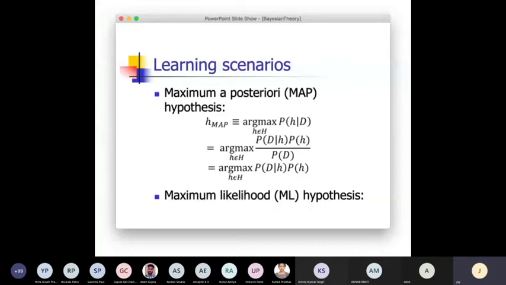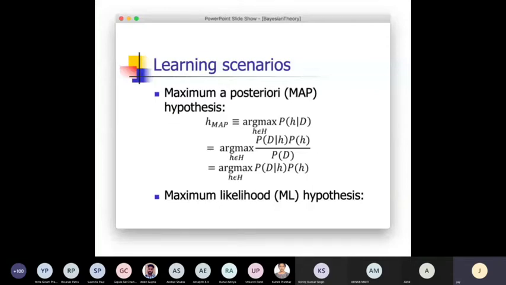Now, if my observation is fixed, that means with respect to a given set of observations I would like to maximize it, then naturally the denominator term, that is the probability of the data or marginal probability of data, remains the same for the posterior probabilities of all these hypotheses.